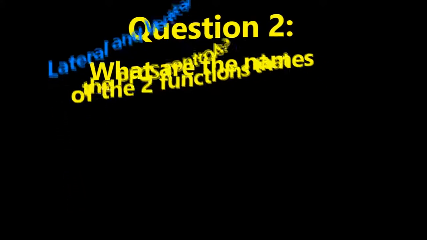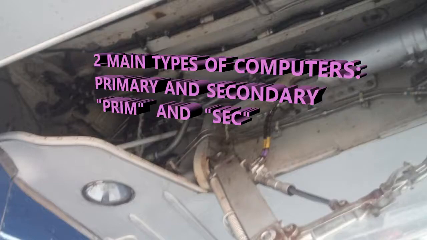But in particular, right now, I want you to think about two main ones: your primary and your secondary computers. Now, what's the difference between the two? What do they each do? Your primary computers are going to be computing the commands that go to the actuators through manual control laws. They're going to be receiving and controlling in different modes of operation.